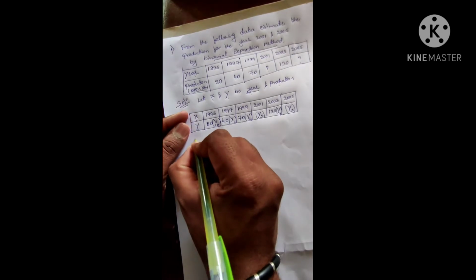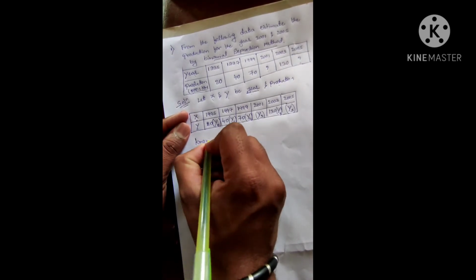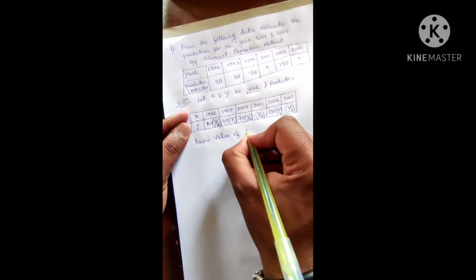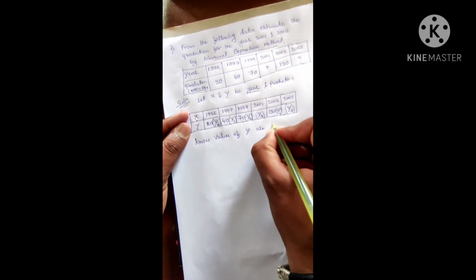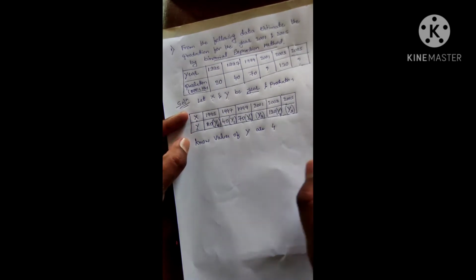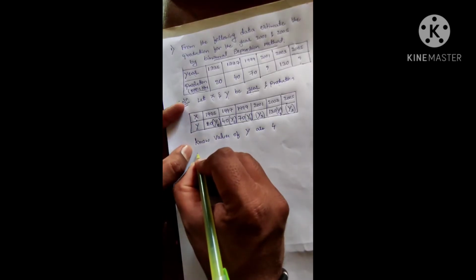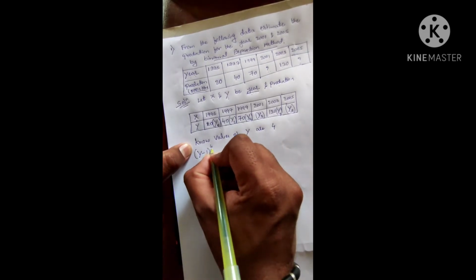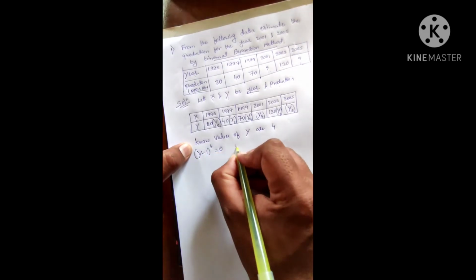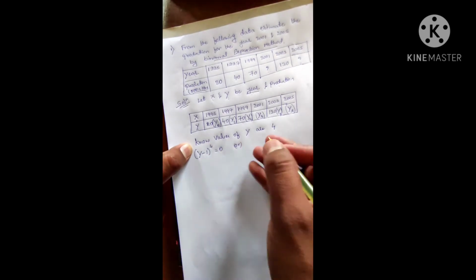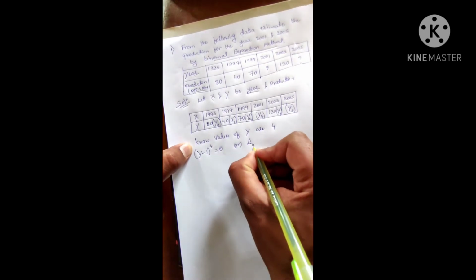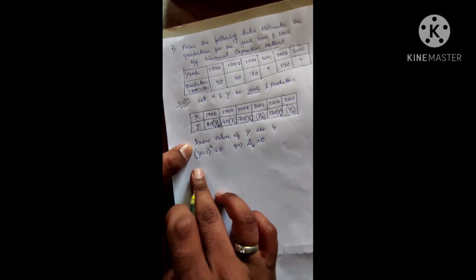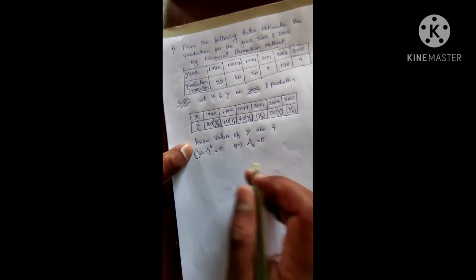So we write here: known values of y are 4. Then we can write (y minus 1) power of 4 is equal to 0, or alternatively delta power 4 y0 is equal to 0. This is the way of indicating known values.